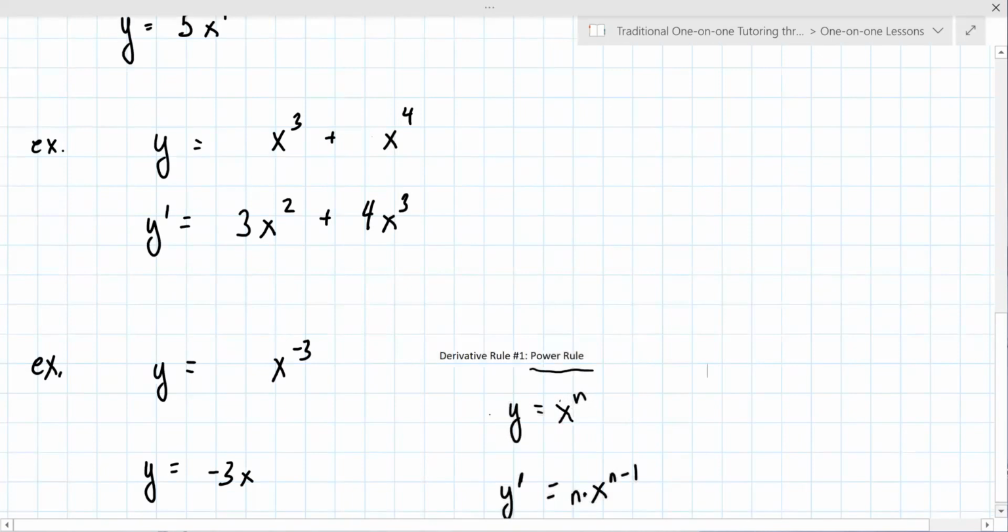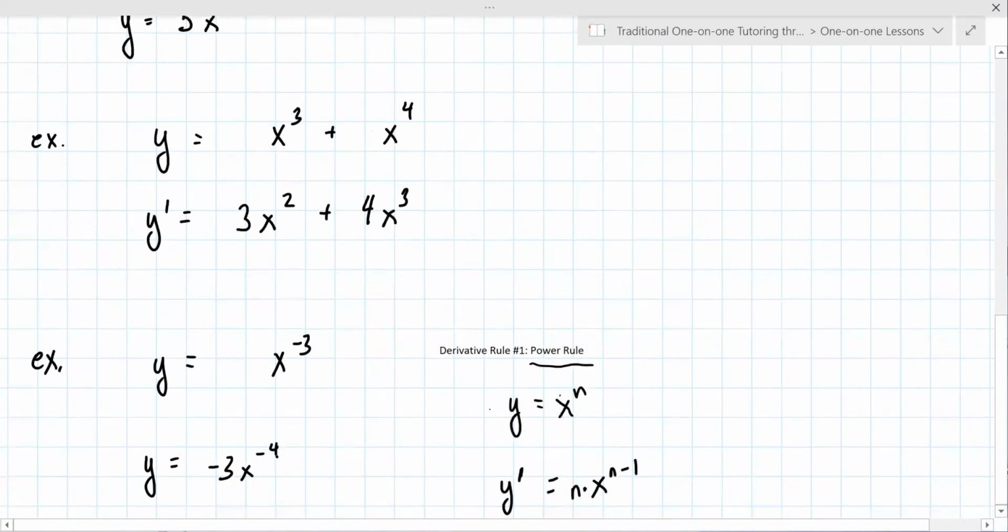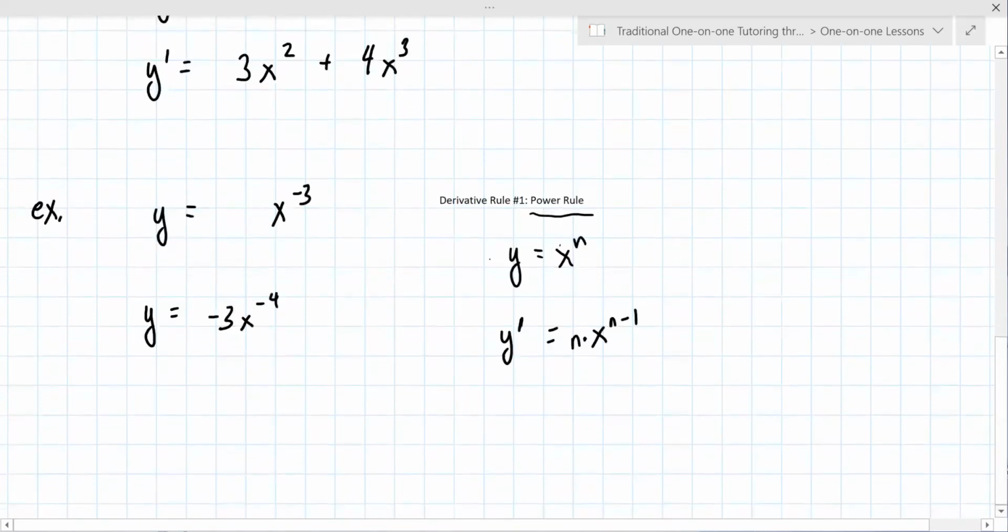It becomes minus 3x to the minus 4. Now, this is where you get into your prerequisite stuff. You might see it written this way, because with negative exponents, it can go down to the bottom. These are the same.